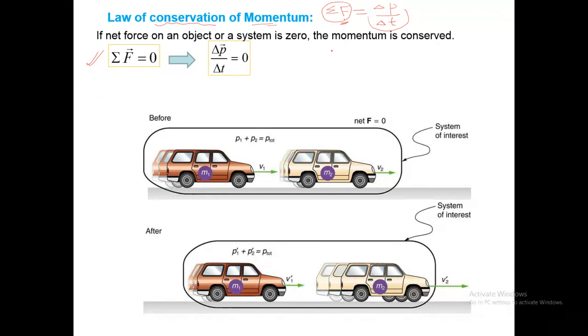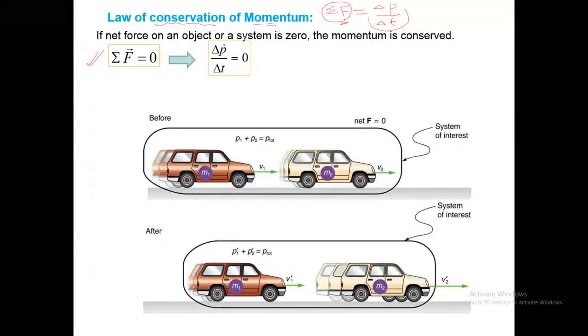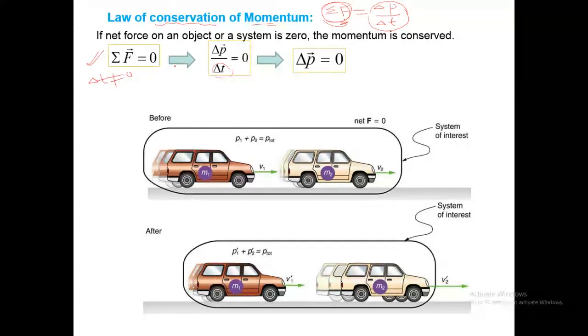Okay. If the net force is 0, what does it mean? It means all this delta P over delta T will be 0. Delta T cannot be 0 because time is passing, right? So delta P is 0.